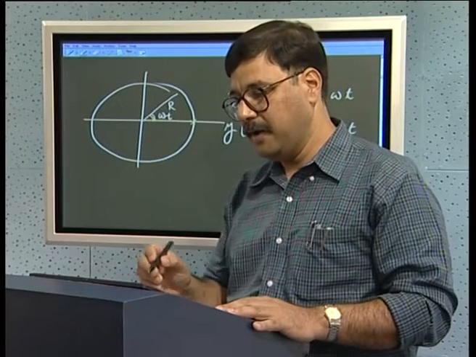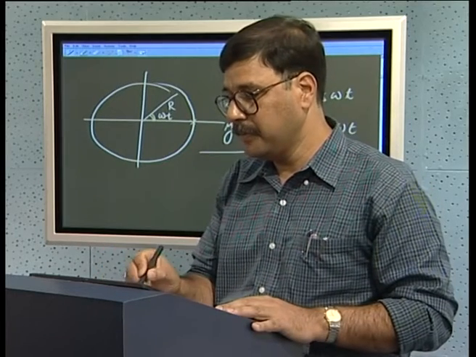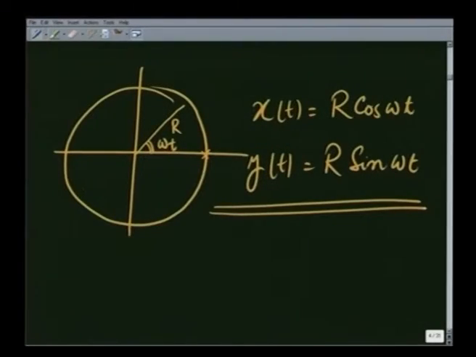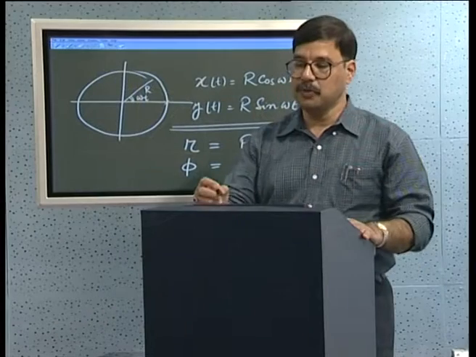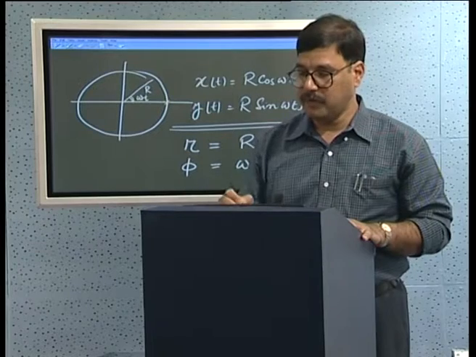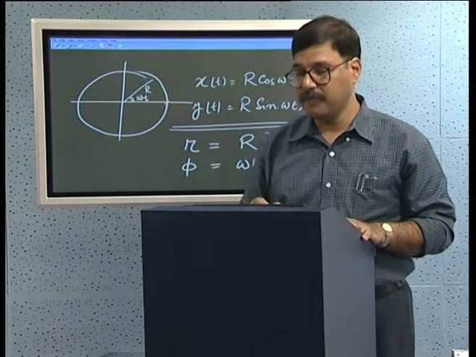On the other hand, I could very well write this position as the radius of the circle being constant with time equal to r, and the angle of the radius vector to be equal to omega t. You appreciate the difference between the two descriptions, one in terms of x and y coordinates and the other in terms of r and phi coordinates.